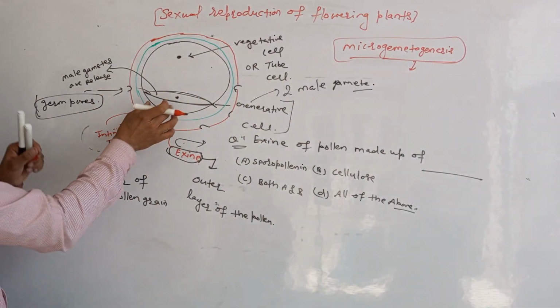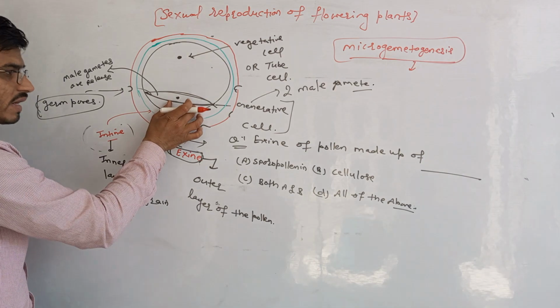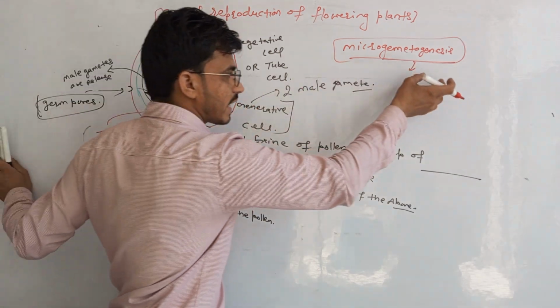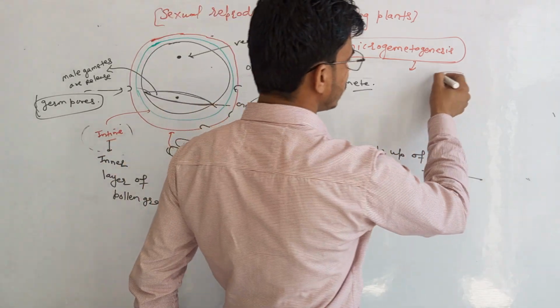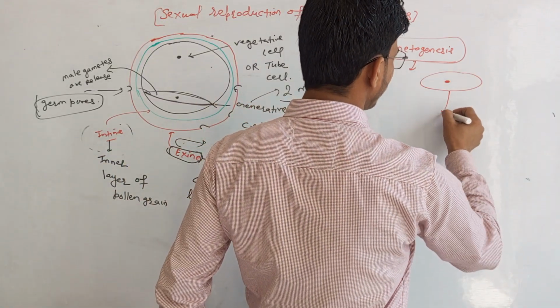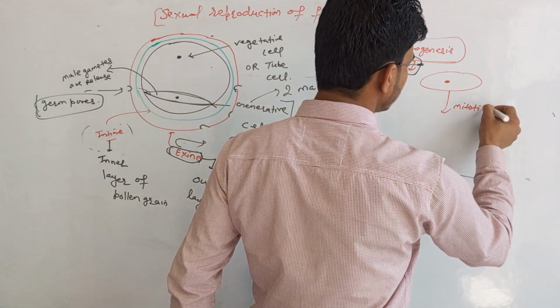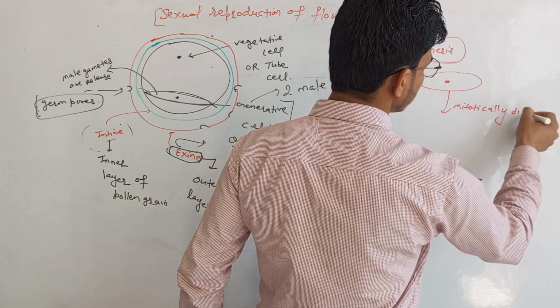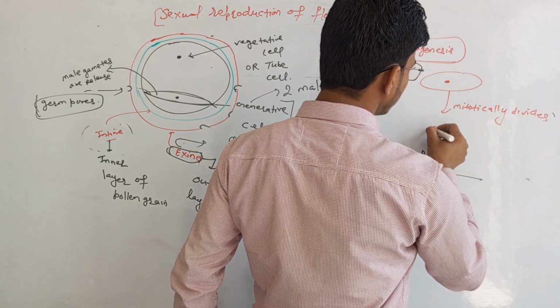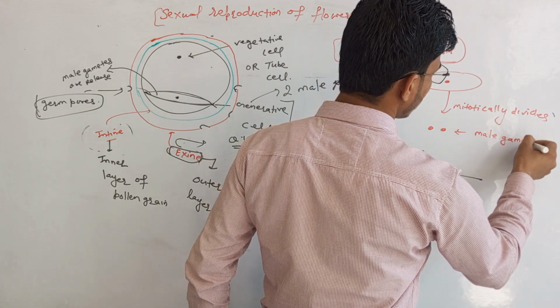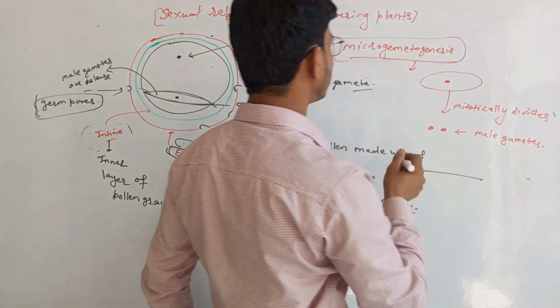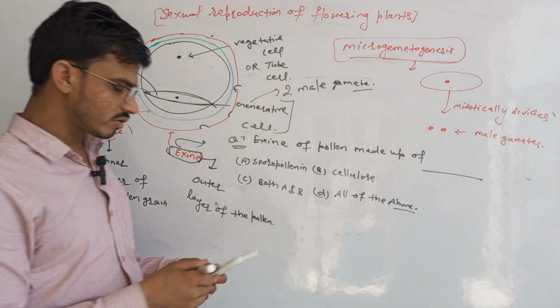Microgametogenesis is the process in which the generative cell mitotically divides to produce two male gametes. Why the word micro?